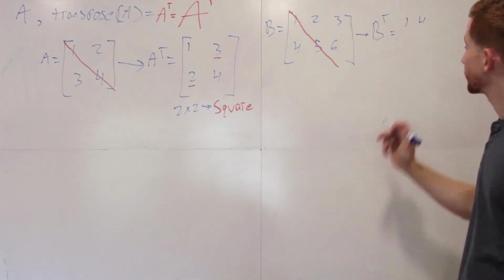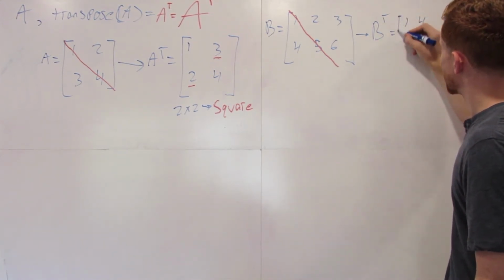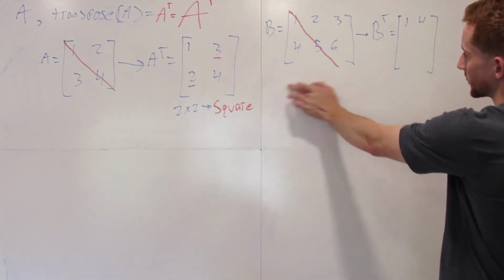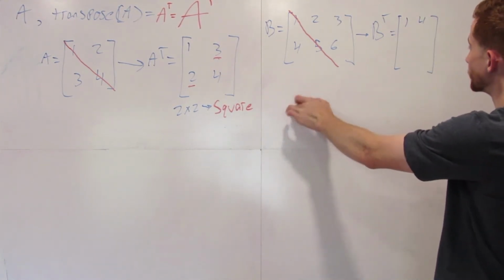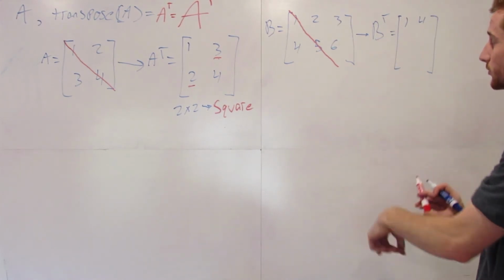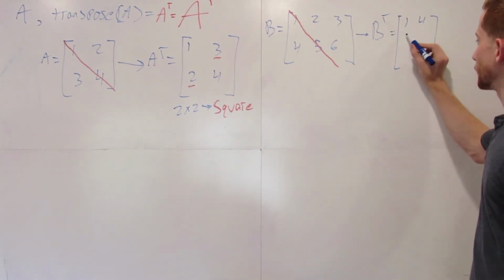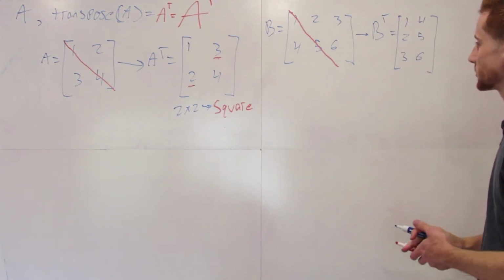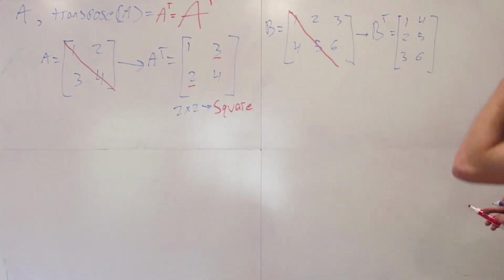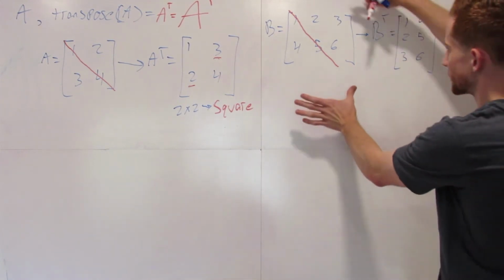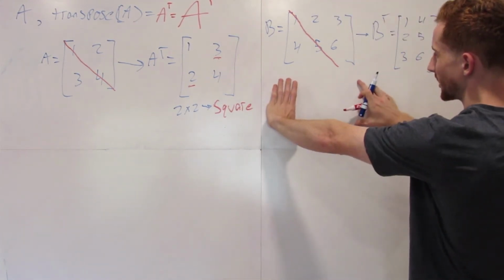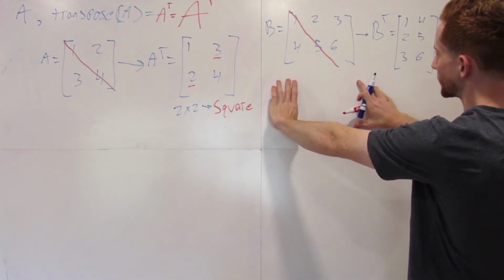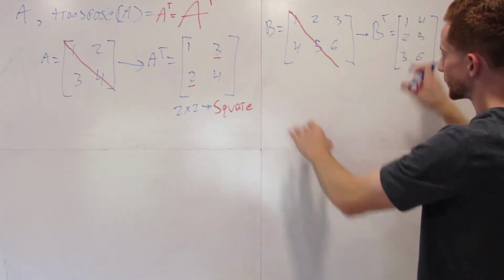You're going to notice that this is going to go from a matrix that has more columns than rows to a matrix that has more rows than columns. So then [1, 4; 2, 5; 3, 6]. Another way that I like to think about it is you essentially take this and rotate it 90 degrees. Actually, no, it's not like that because the elements there would be switched.